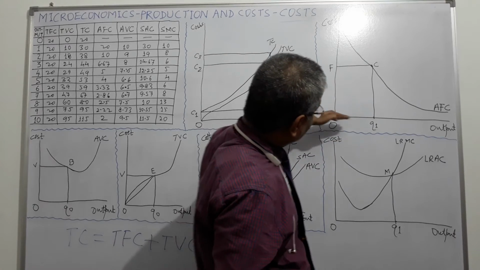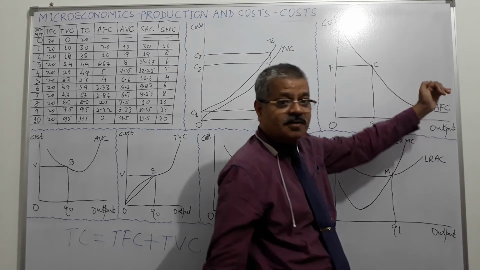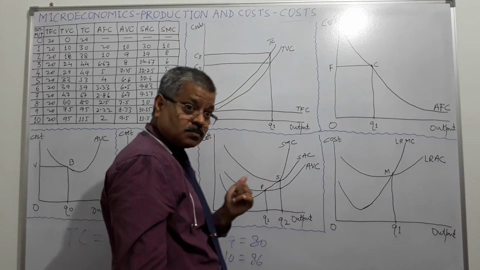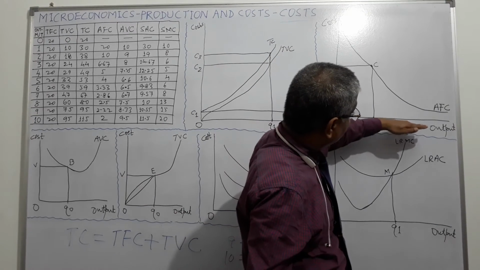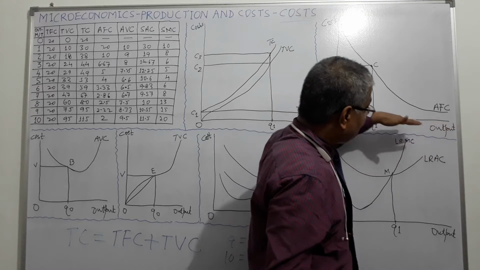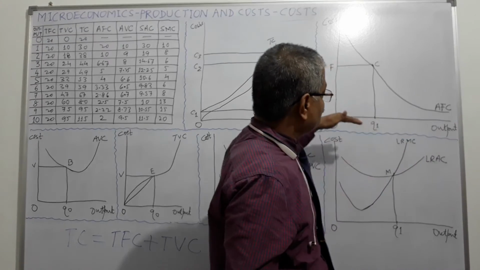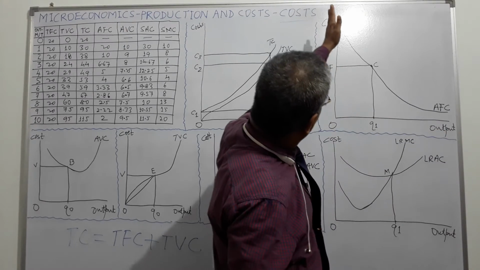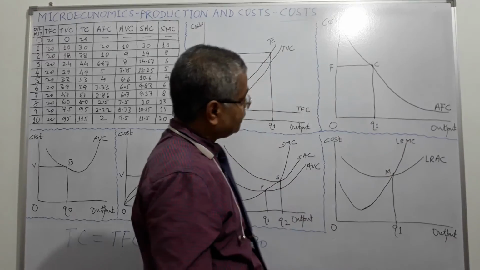And when the output starts increasing, average fixed cost starts coming down, right? And the more we go towards the right, output goes towards infinity, so average fixed cost tends to go towards 0, right?